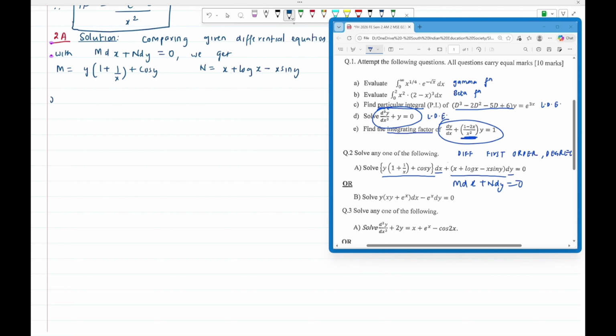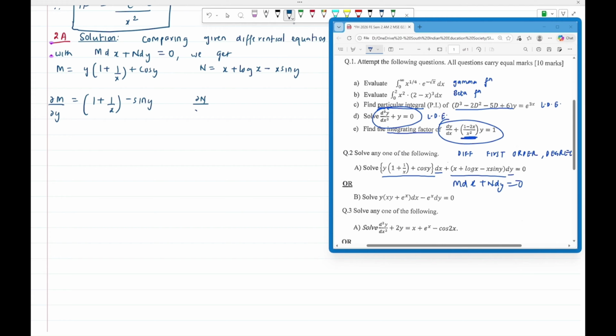Now for m, we are going to differentiate partially with respect to the y variable. You can see that the first term is a product of y and 1 plus 1 by x. So 1 plus 1 by x can be treated as a constant. The derivative of y will be 1. And then for cos y, the derivative is going to be negative sine y.